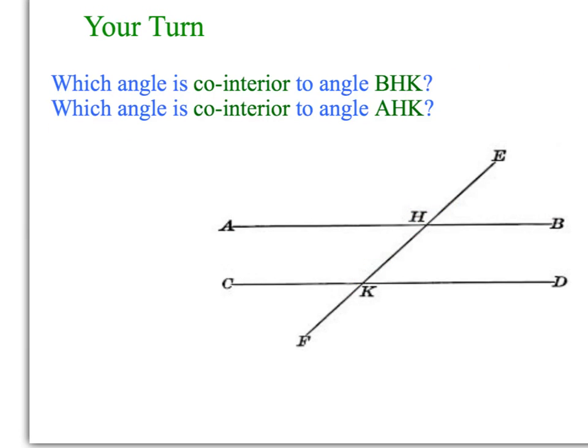Okay, now we're looking at co-interior angles. Which one is co-interior to BHK? So we've got BHK. Which one is also on the inside? Well, it's on the right hand side, so it's this one here. So that's angle HKD.